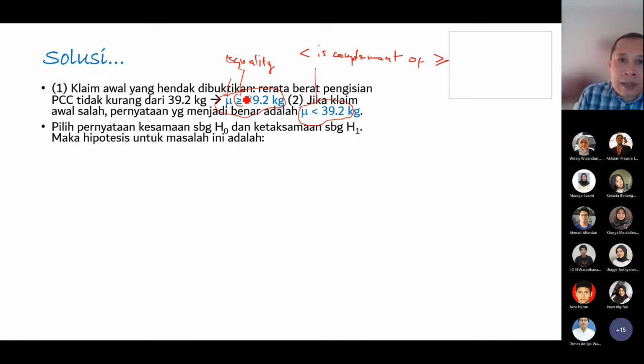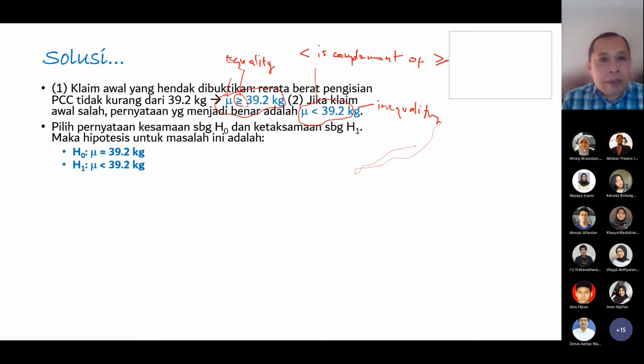Because it has this sign here, larger than or equal to. Whereas this one is an inequality statement. Therefore, the first statement, the original claim, will become the null hypothesis, and the second statement will become the alternative hypothesis.